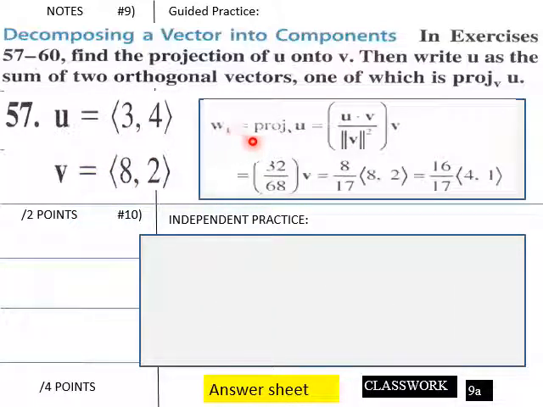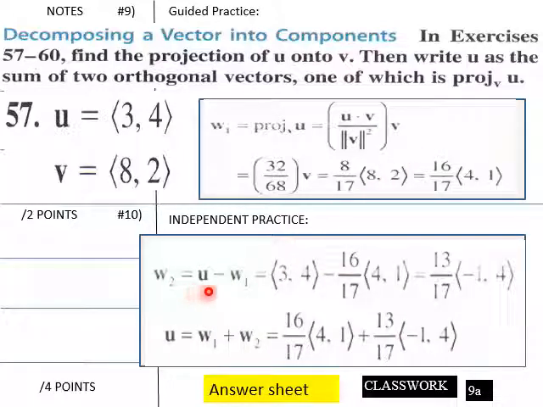So W1 would be the projection of U onto V, which would be U times V over the magnitude of V squared times V. So when we plug in our values here of U and V, and then we find our magnitude, which is 68, we have 32 times V, and then V in this situation here would be 8 and 2. We multiply that out, and we get 16 over 17 multiplied by 4, 1 for that.